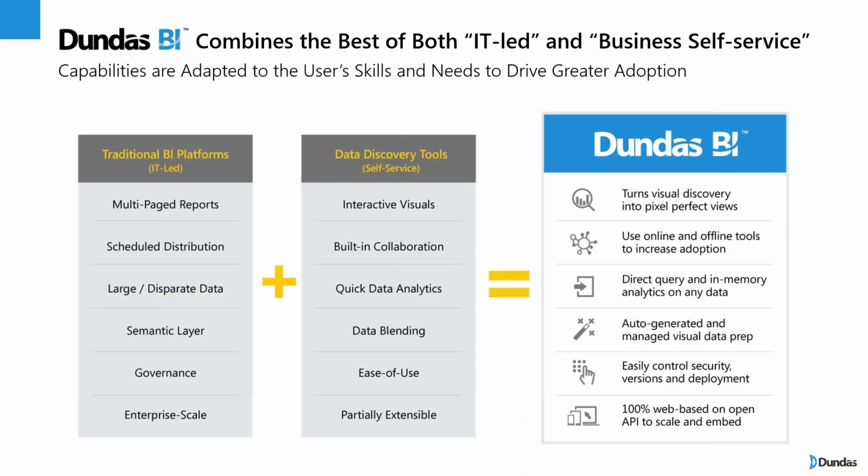Now, the advantage of Dundas BI is that it combines the best of both the traditional IT-led applications designed typically for enterprise scale solutions, that is this left-hand side column on your screen, together with modern data discovery tools designed for business users and a greater focus on ease of use. That is the middle column on the screen.